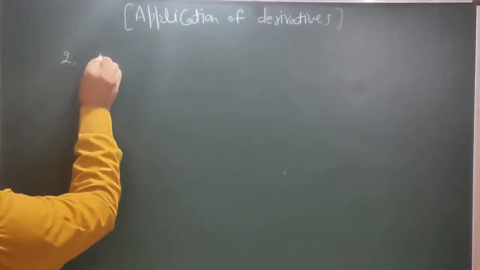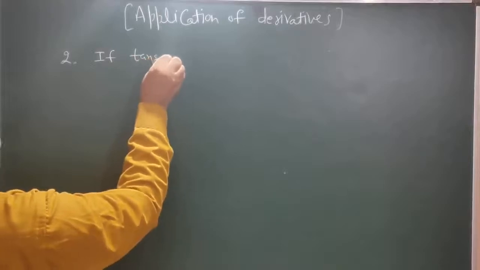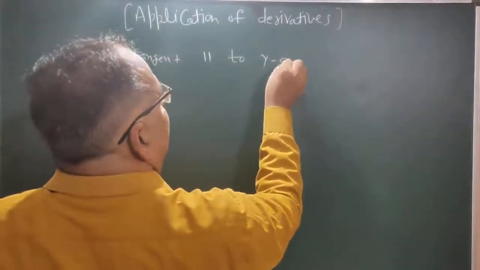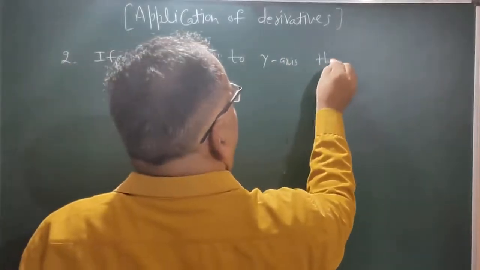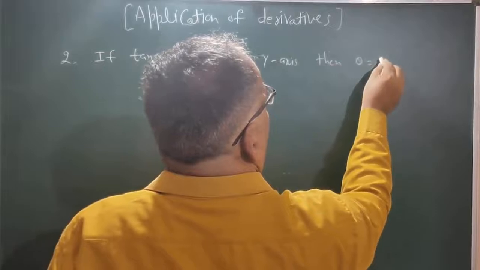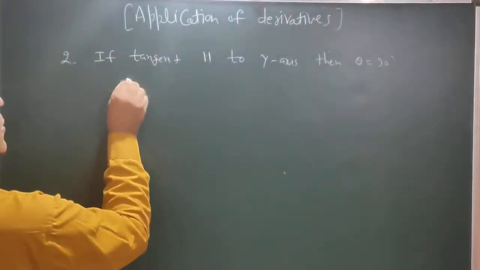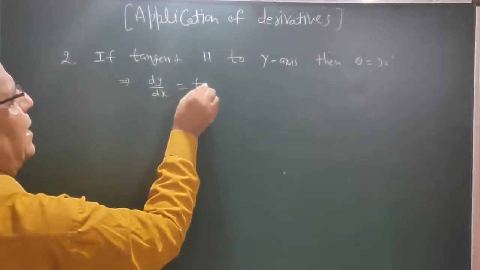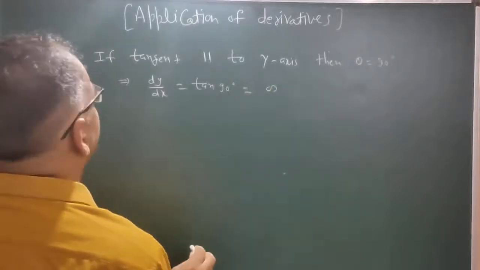Next, if the tangent is parallel to y-axis, then theta equals 90 degrees. So dy over dx equals tan 90, that means infinite.